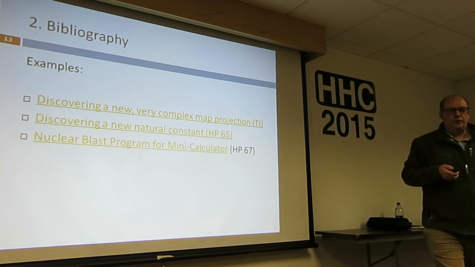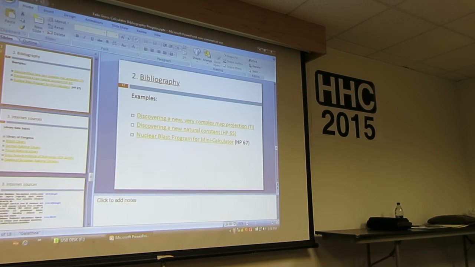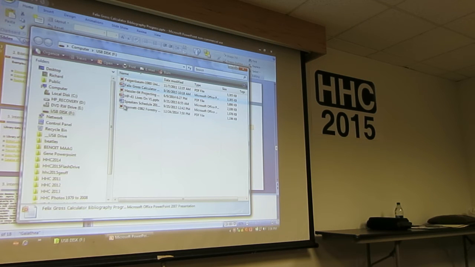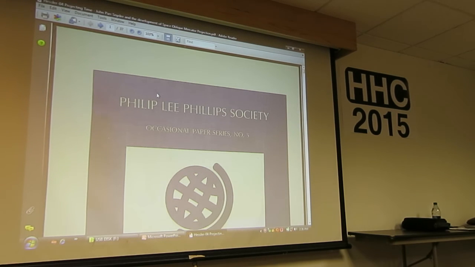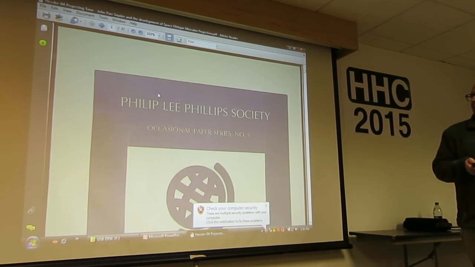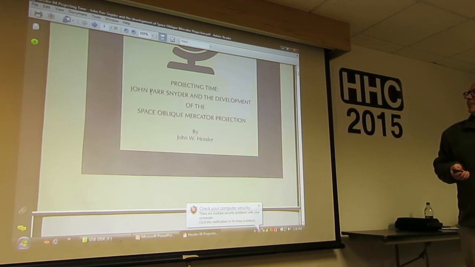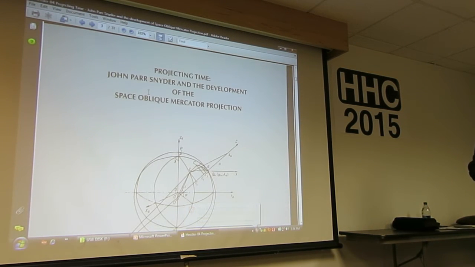Okay, I want to show you three samples which I think are quite interesting. I have to do it the primitive way. There's one thing I found, which unfortunately was done with the TI. Can I scroll with this? No, I can't probably. This is a guy called Snyder, who found a completely new map projection for a mathematically very complex problem.